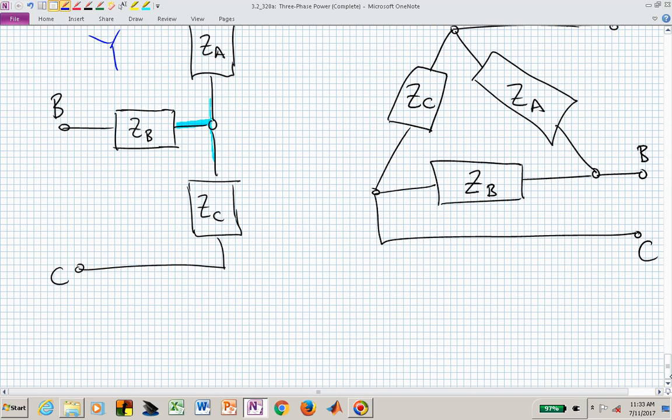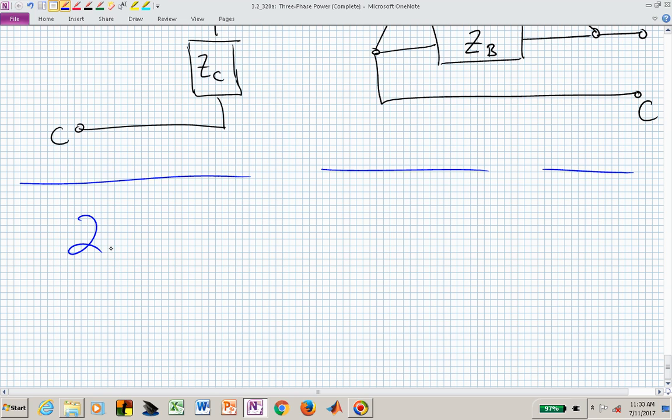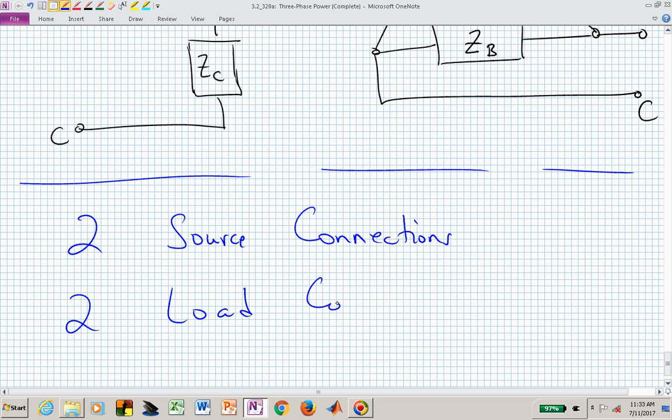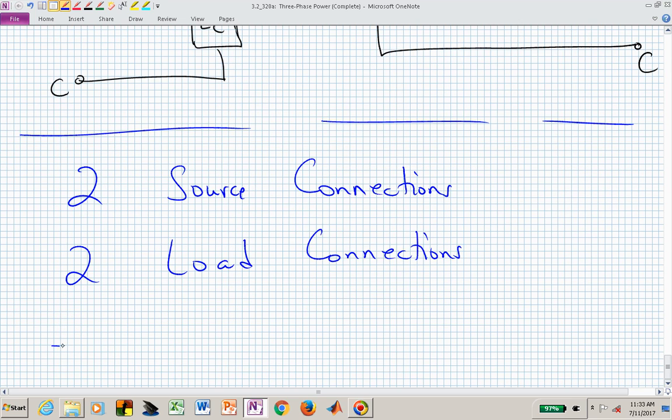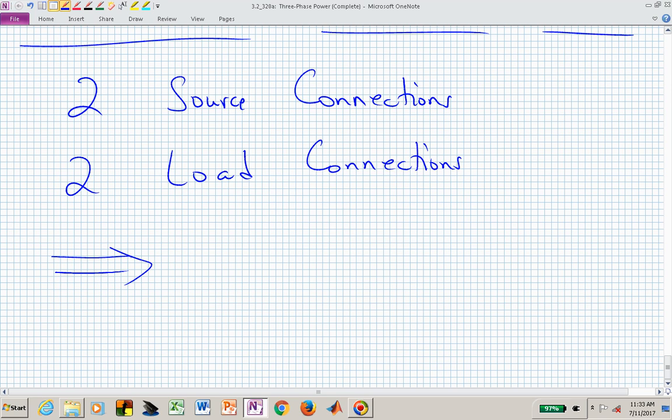Now, if we have two different ways of connecting sources, and we have two load connections, I hope that it's clear that by combining those in any particular way, we end up with four possible arrangements for connecting sources to load.